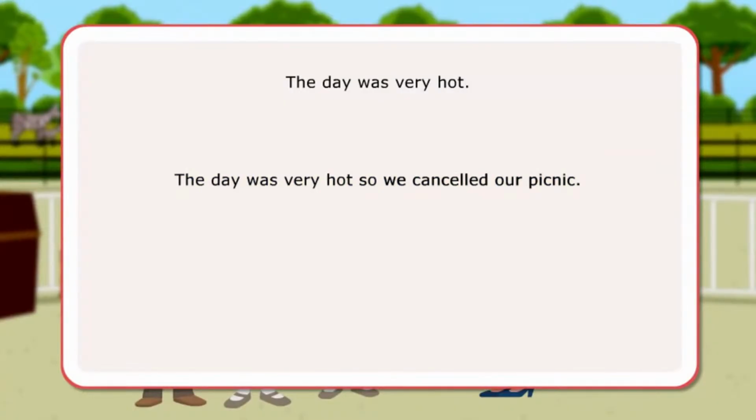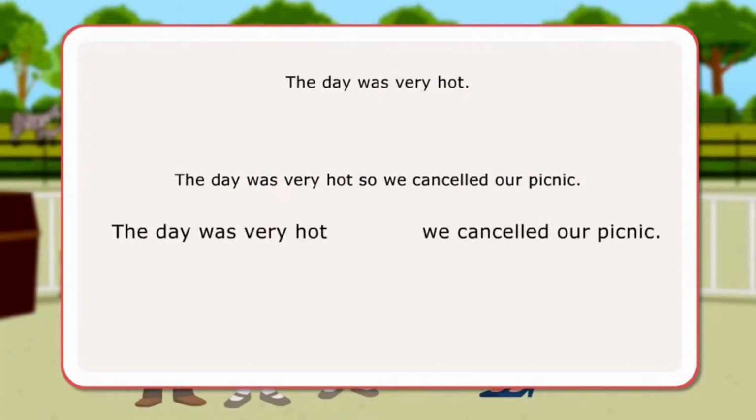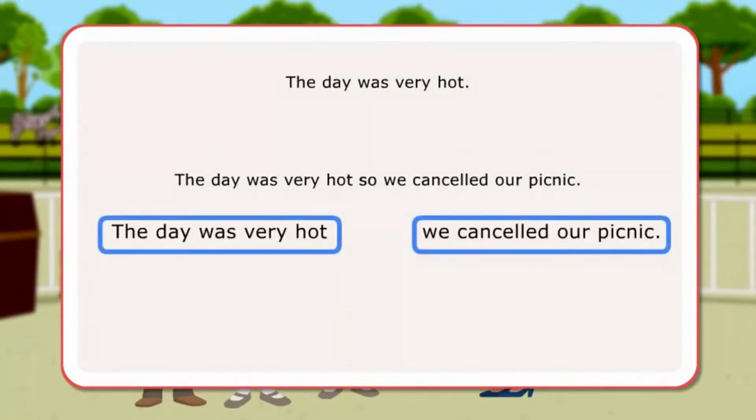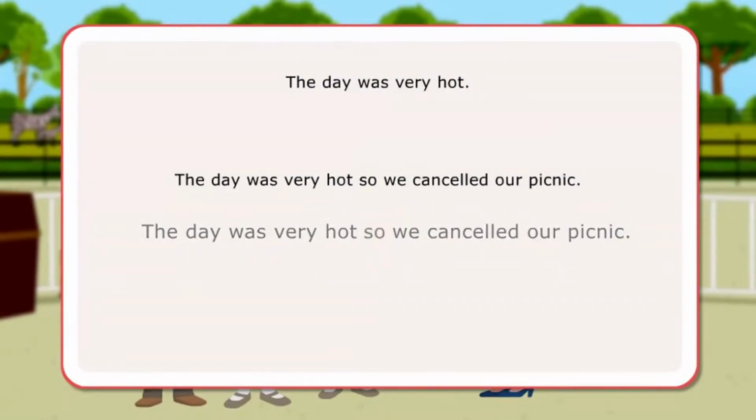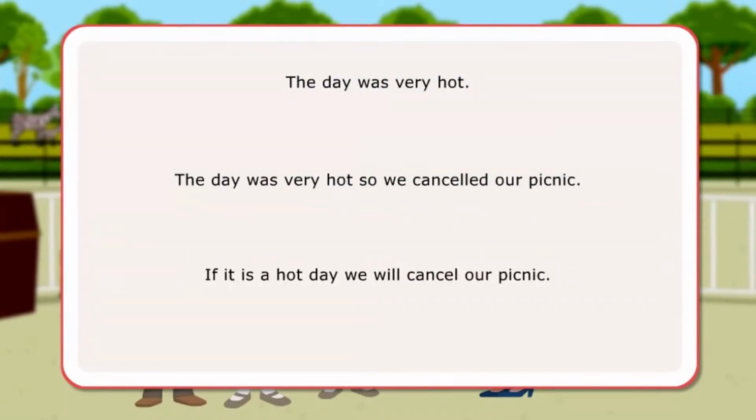Here, the day was very hot and we cancelled our picnic can both stand alone, separately, as independent sentences, each one expressing a complete thought, joined together by the conjunction so. If a sentence contains two statements, each presenting a different thought, but only one of these statements can stand alone separately as an independent sentence, it is called a complex sentence.